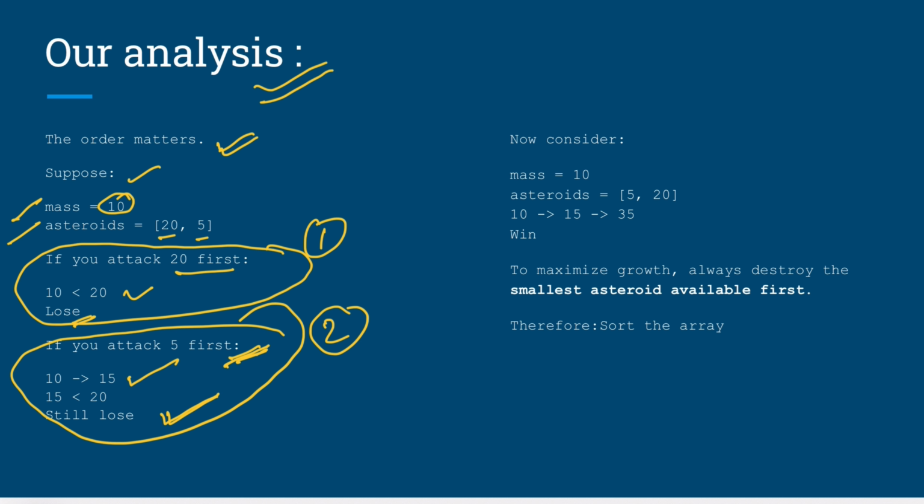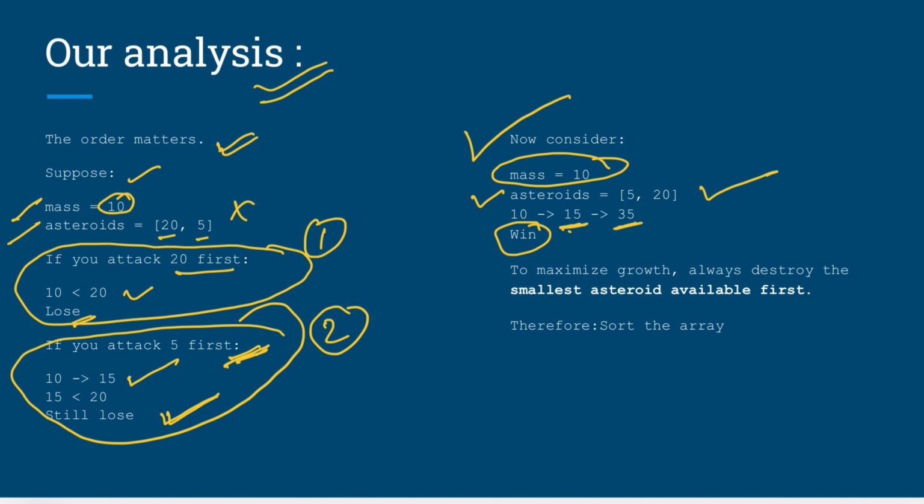Now consider the mass is 10 and we do the sorting of the asteroids. Previously we had not done the sorting, but this time we will. The mass goes and checks the first asteroid, and the current mass becomes 15, and from 15 it becomes 35. In this case we will win, correct?